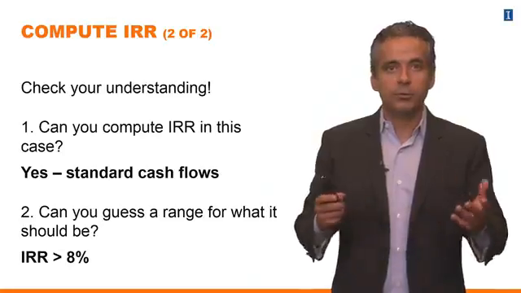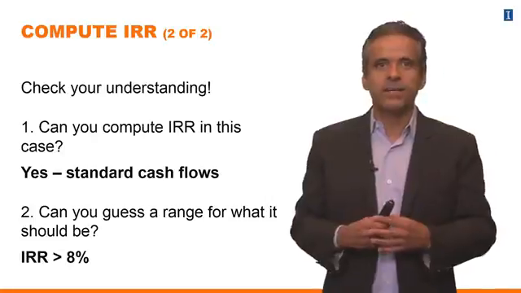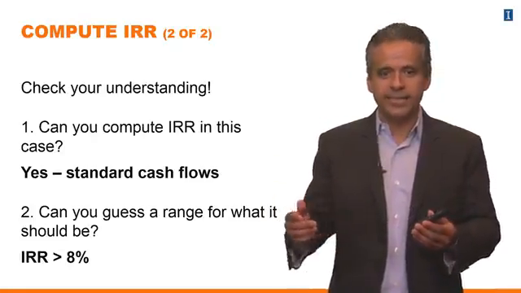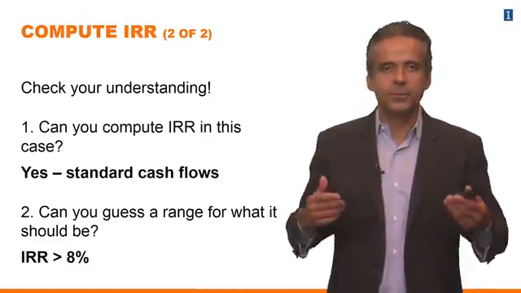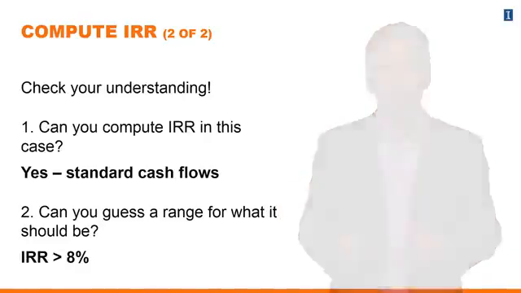If you have to guess, we learned that if the NPV is positive, the IRR should be bigger than the discount rate. So a reasonable guess here would be that the IRR has to be lower than 8%. The IRR should be lower than the discount rate.